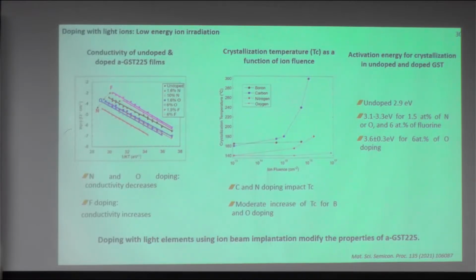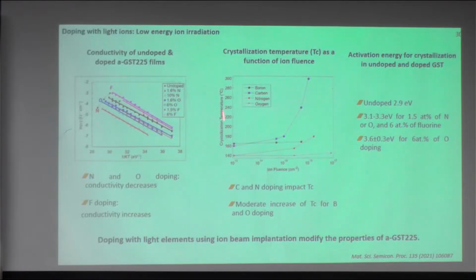Fluorine makes the reverse process. It increases the conductivity of GST material. Also interesting is that ion implantation causes a change of the crystallization temperature of GST material. Here we can see that carbon and nitrogen can increase the crystallization temperature of GST.